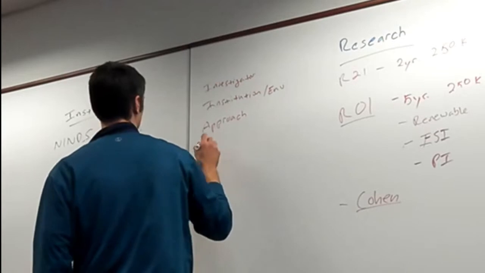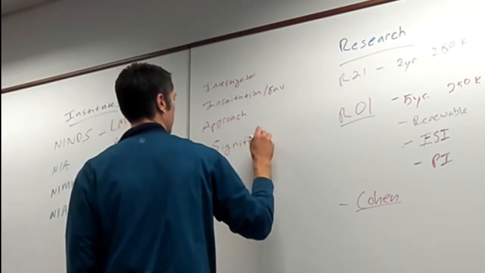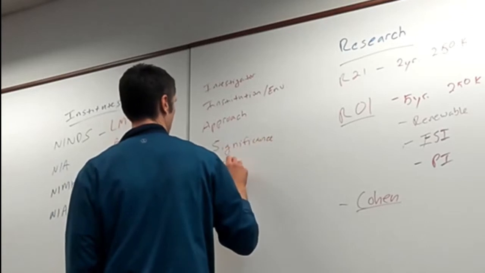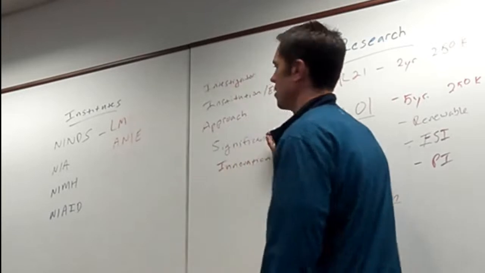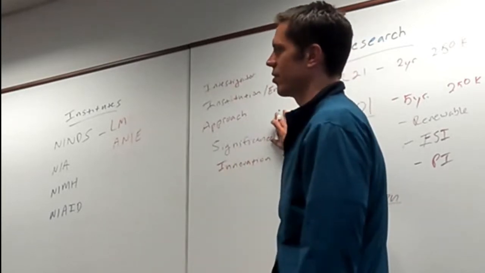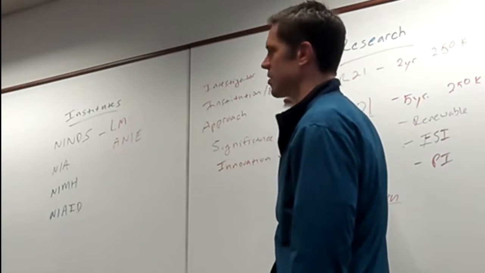Significance. Oh yeah, significance, that's the thing. Significance and innovation. Significance is, is this going to matter ultimately in the field of science or for human disease? Innovation is, is the stuff new: approach, investigator, institution.